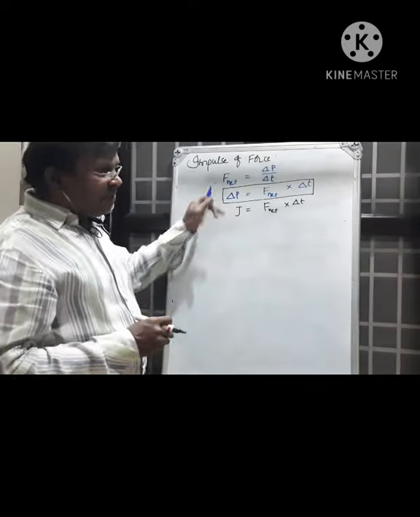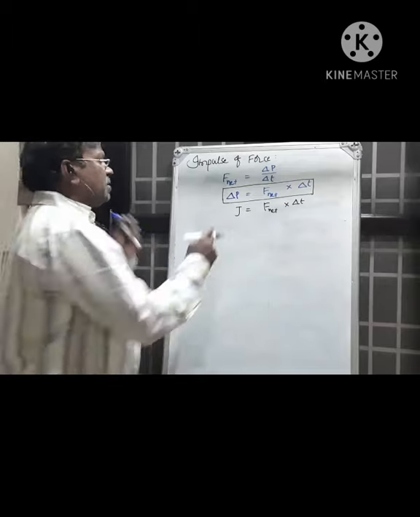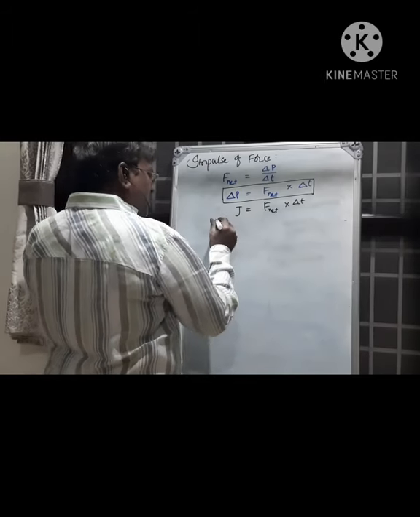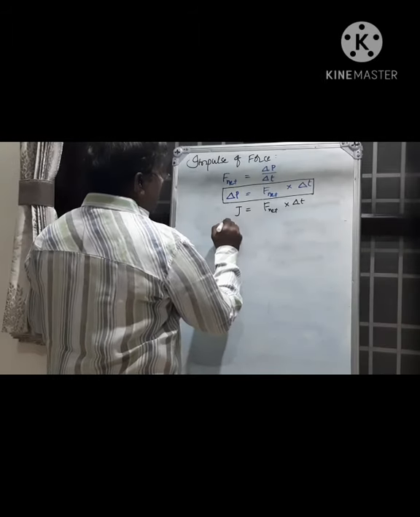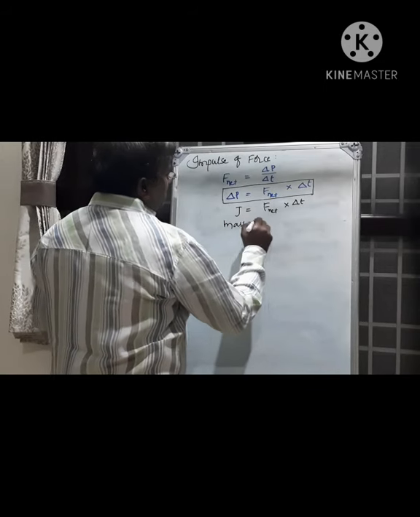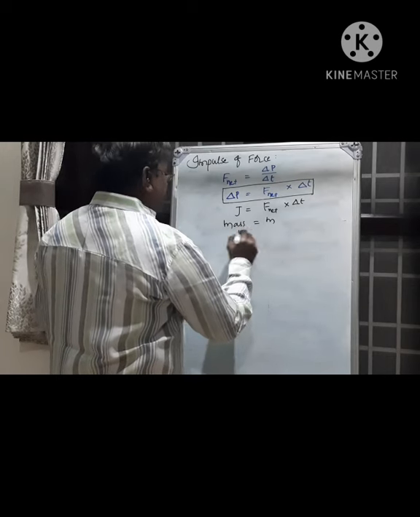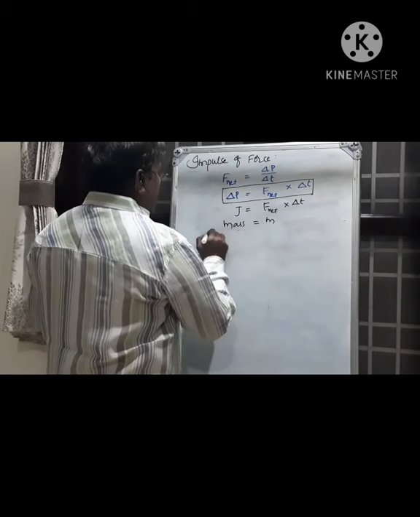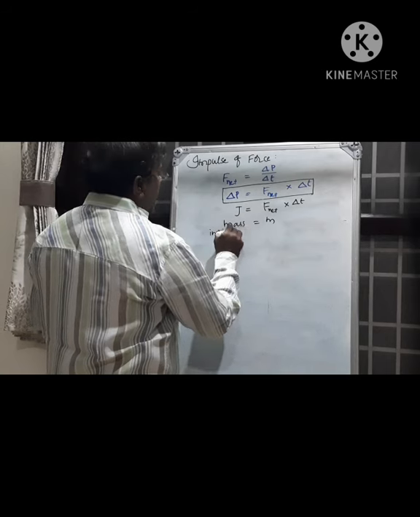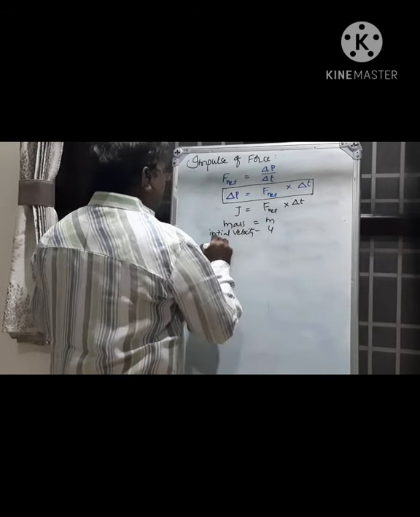So the change in the momentum can be defined as the difference of final momentum minus initial momentum. Let us say the mass of a body is m. Initial velocity is u.